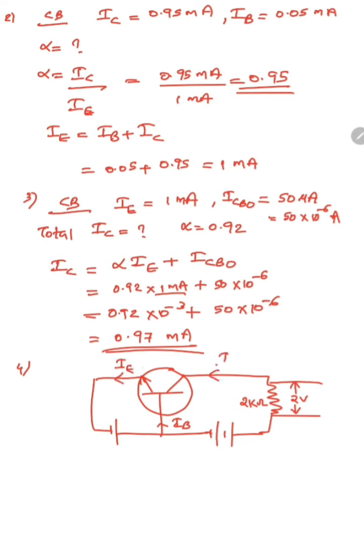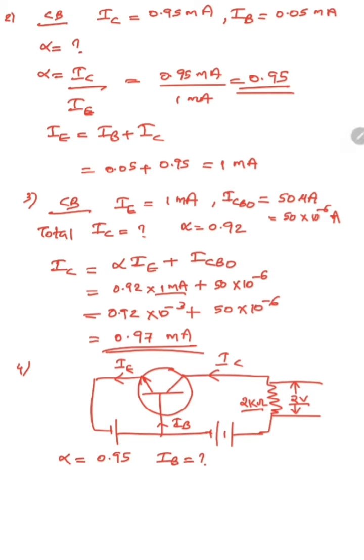Also alpha is given, alpha is equal to 0.95, and you have to find IB. In the problem it is given that the voltage drop across the 2 kilo ohm resistor is 2 volt.